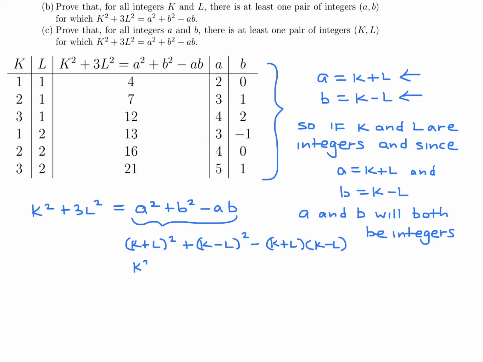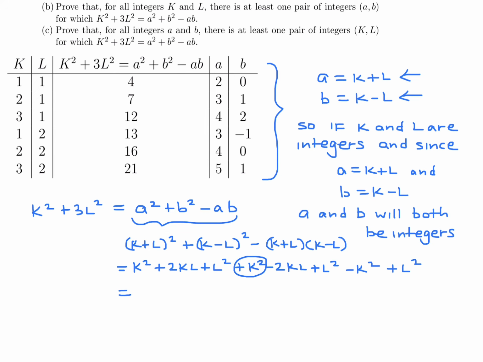So this is k squared plus 2kl plus l squared, plus k squared minus 2kl plus l squared, minus k squared plus l squared. And then a whole bunch of stuff cancels, I believe.